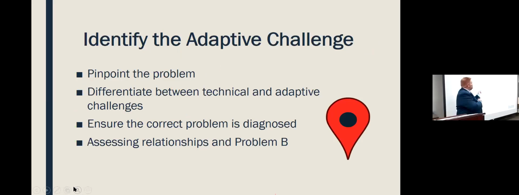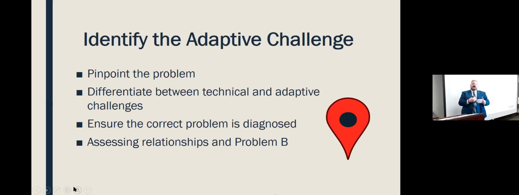The next thing is to identify the adaptive challenge. After you've taken that big picture, broader look, this is where you're able to pinpoint the problems that you are going to address. You have to decide, is this technical? Is this something that I can take on as the leader?